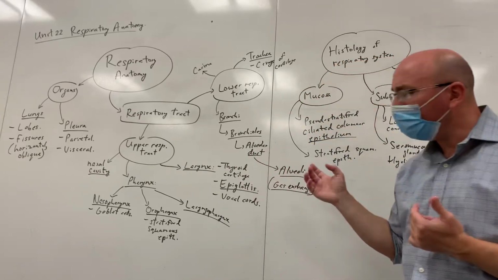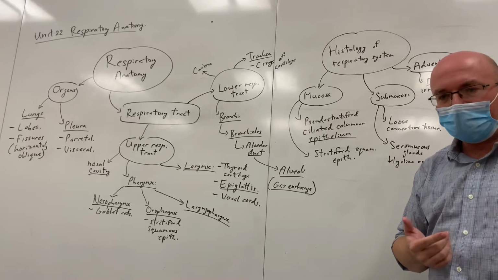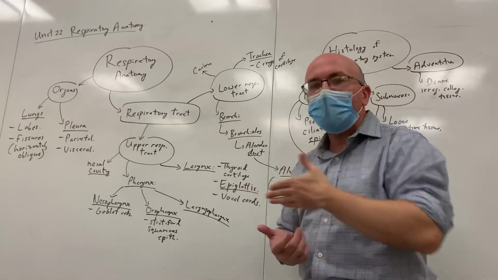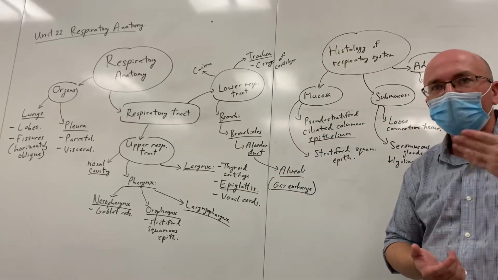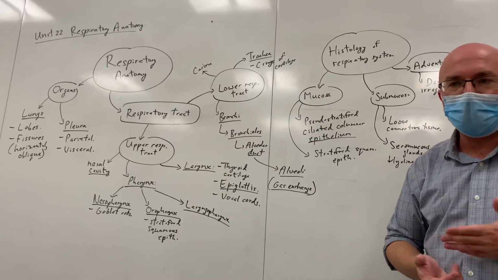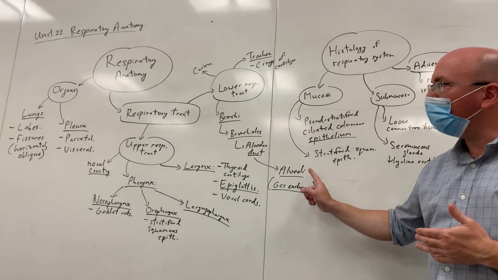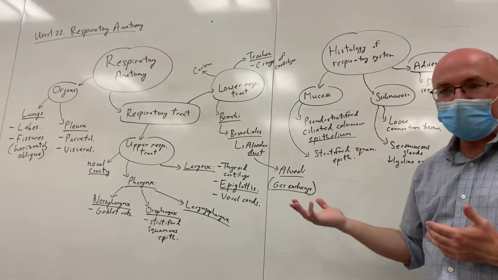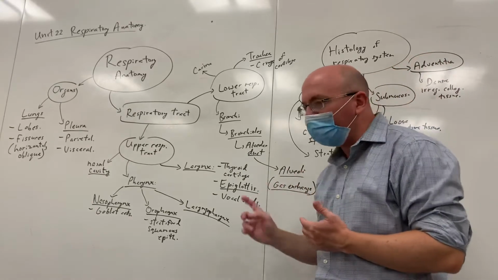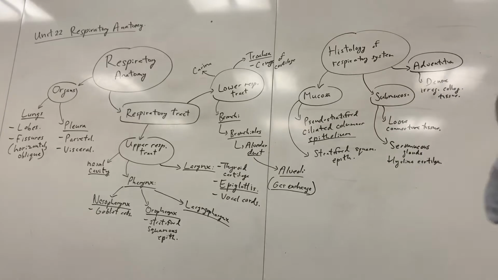And again, the job of alveoli is gas exchange, finally allowing that oxygen to diffuse through the thin membranes of the squamous cells into the red blood cells, into hemoglobin, so the blood cells can carry the oxygen throughout the body. And so the most important part of the lungs, of the entire respiratory system, are these alveoli, the gas exchange.